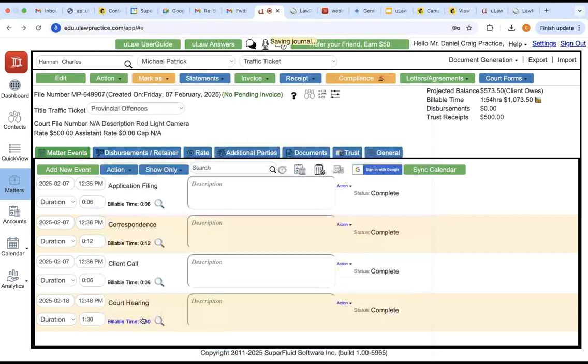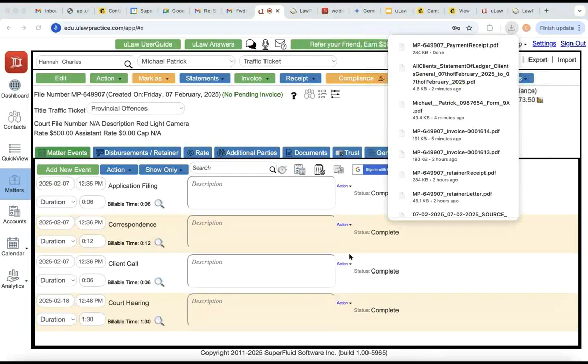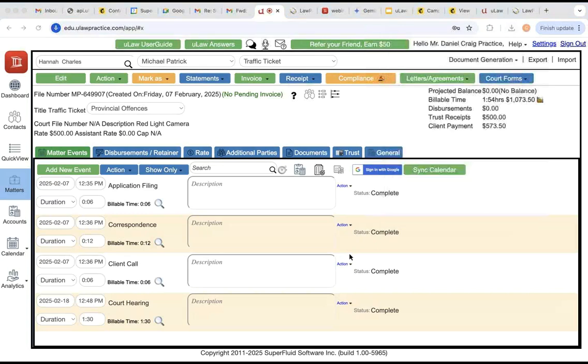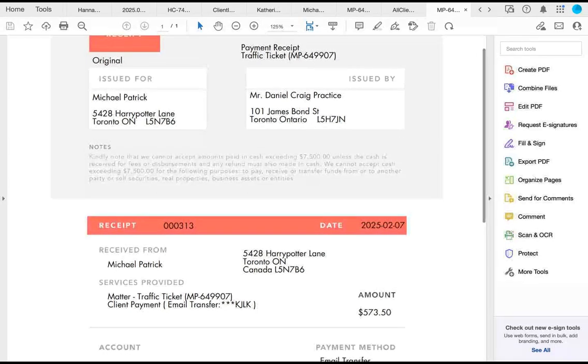Okay. Of course, you give them a receipt. A receipt's also done.